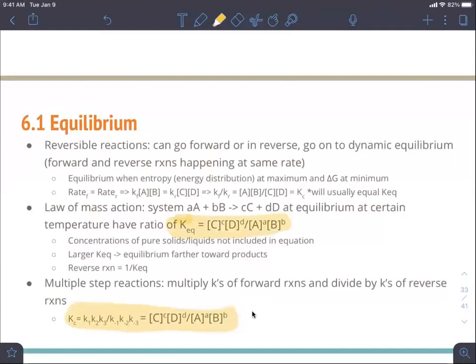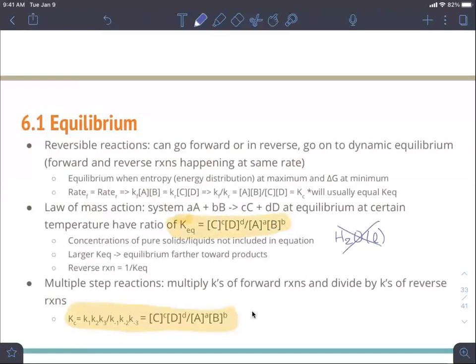And unlike the rate law, we can actually just use the stoichiometric coefficients for the equilibrium constant. You can just look at this equation. It's pretty self-explanatory. But one thing to keep in mind is that concentrations of pure solids and liquids are not included in this equation. So what that means is that H2O, water, is not included.